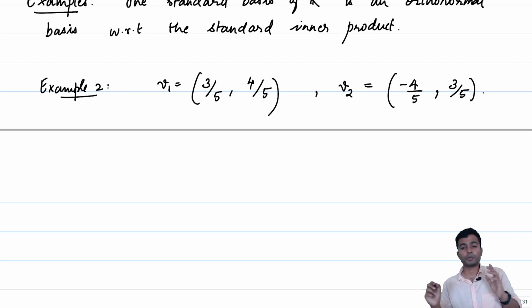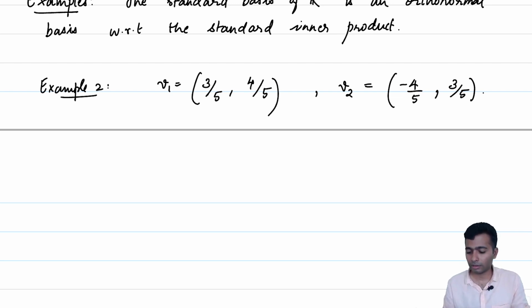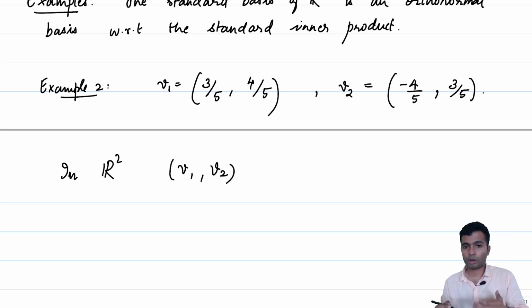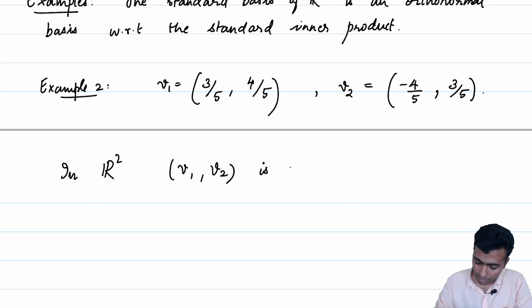You can check that V2 also has length 1. And it is immediate to see that in R2, V1 and V2 form an orthogonal collection, they form an orthonormal set and therefore it is linearly independent. The dimension of R2 is 2 and any linearly independent set of size 2 is a basis. So this is an orthonormal basis.